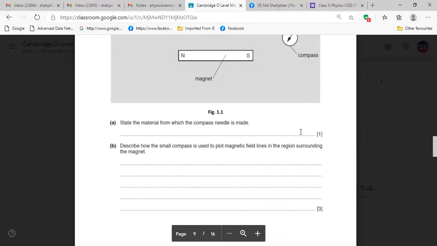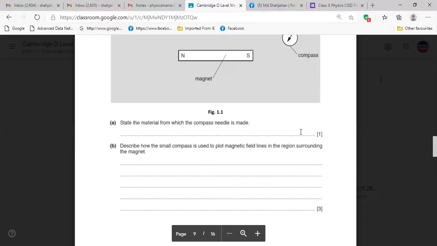Describe how the small compass is used to plot magnetic field lines in the region surrounding the magnet. What can we do for drawing the magnetic field lines? We discussed it in class from your book. So, according to that, you write in 3 steps.